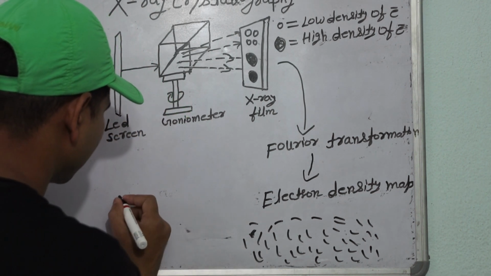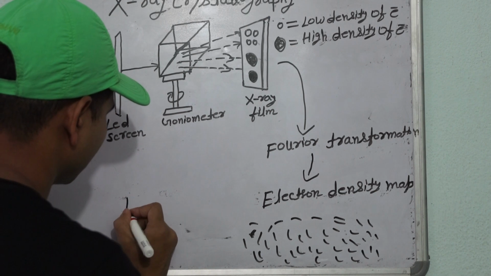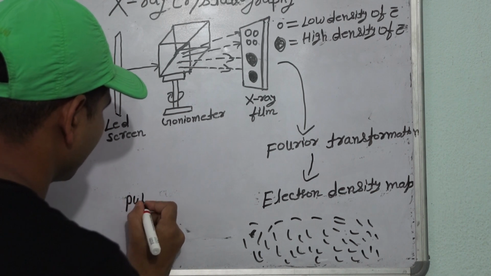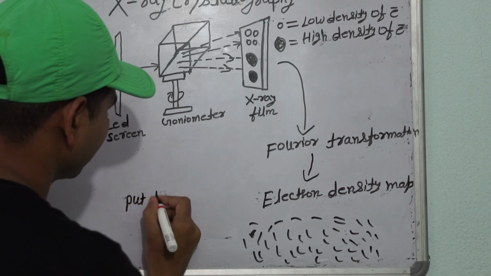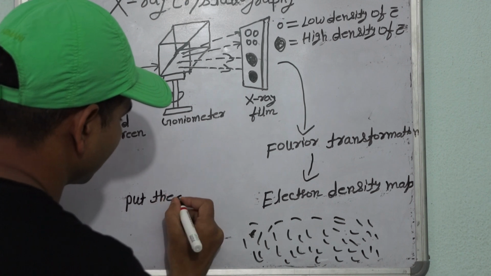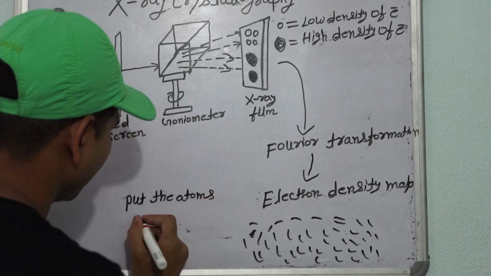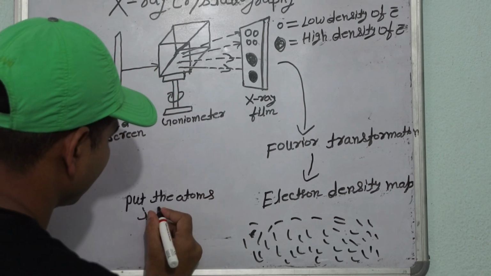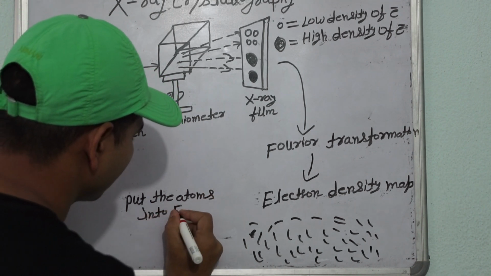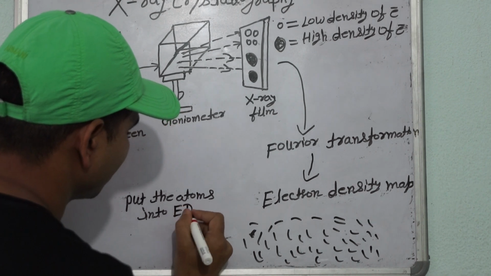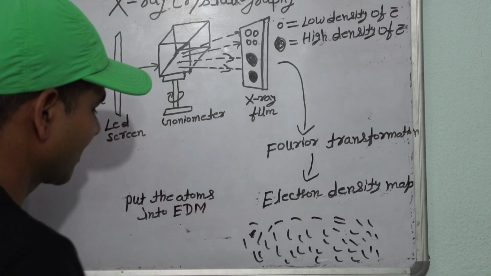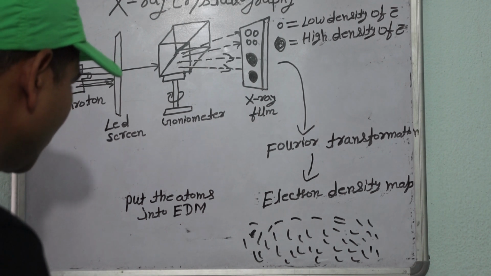So in the next step, we will put the atoms into the electron density map. I am writing the short form of electron density map.